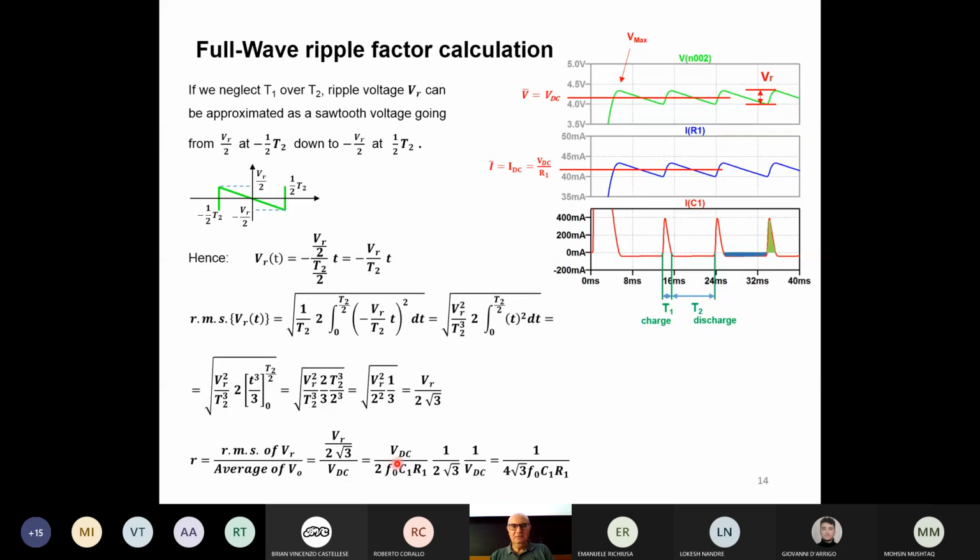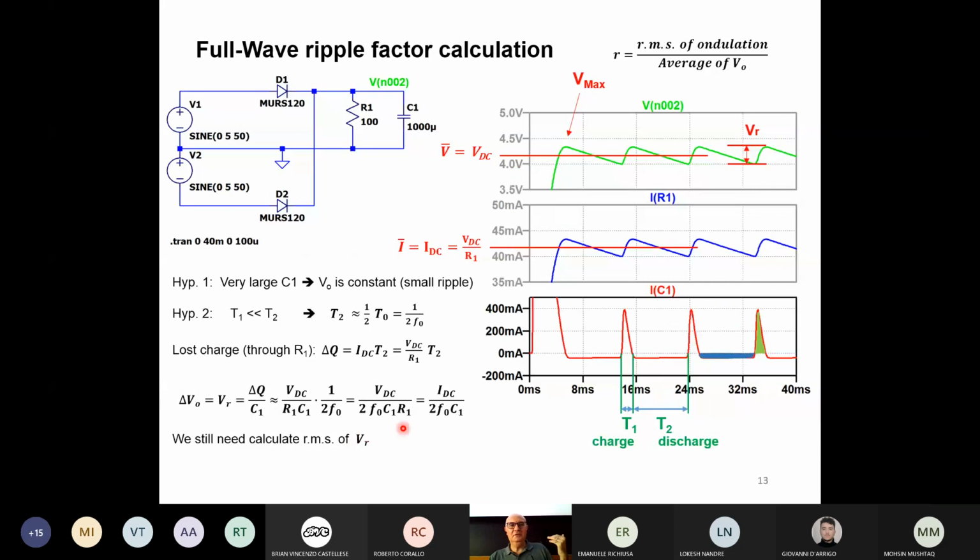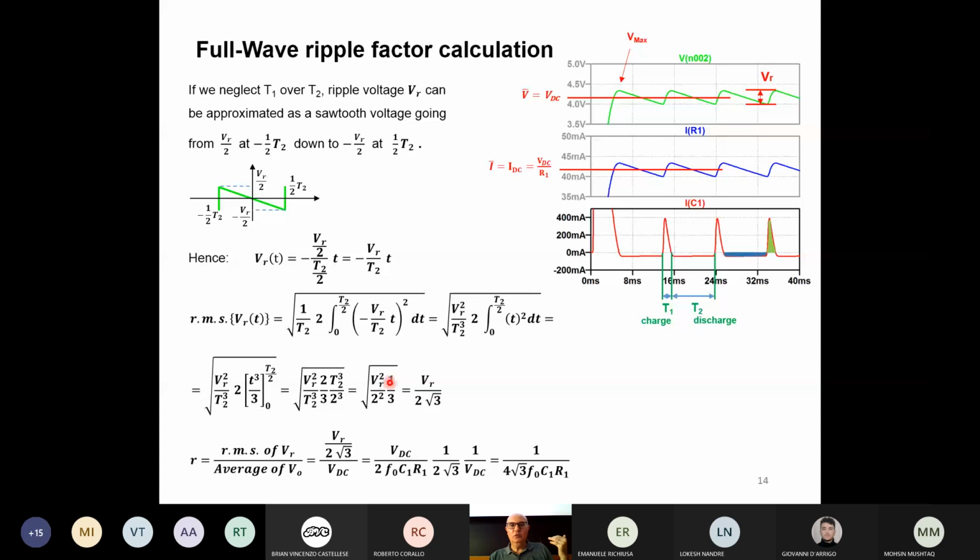We copy the formula of the ripple from the previous slide, it's this part here. Then we have 1 over 2 square root of 3, that is this part here. Then we are dividing by VDC. So simplifying everything, we get 1 over 4 times square root of 3, F0, C1, R1.